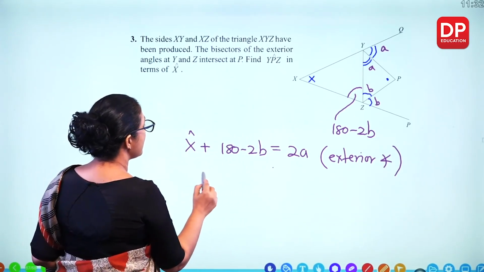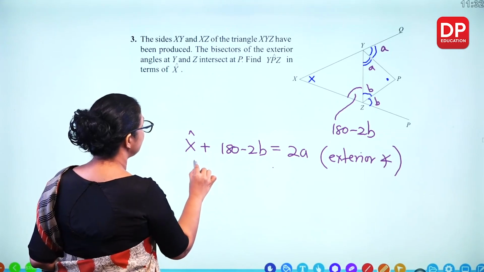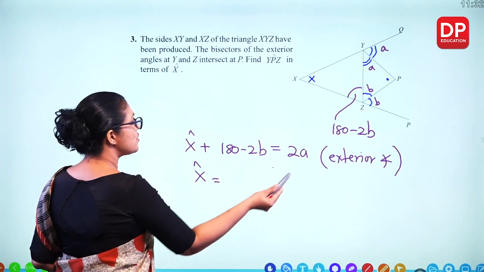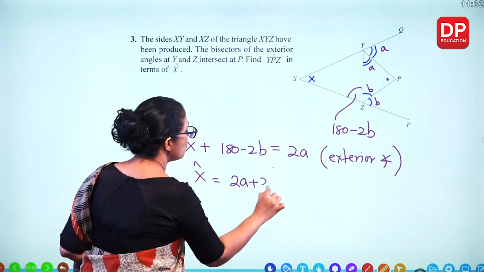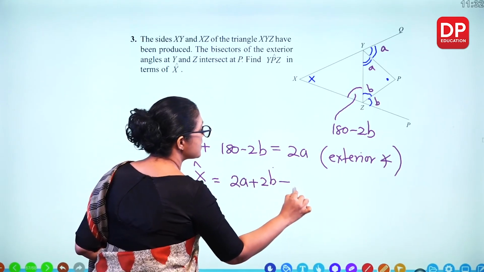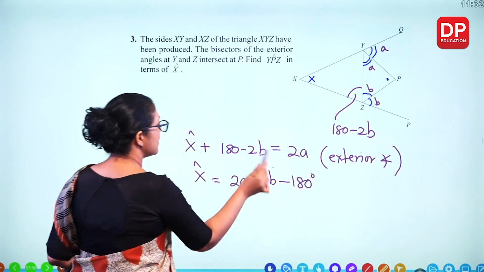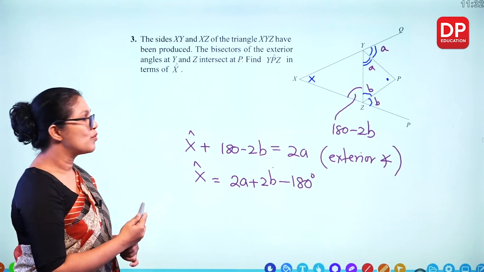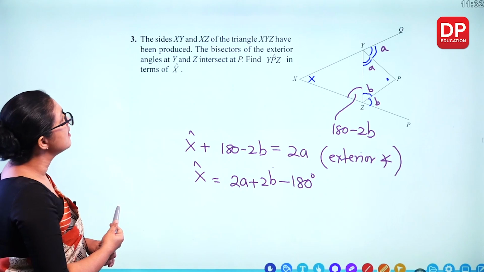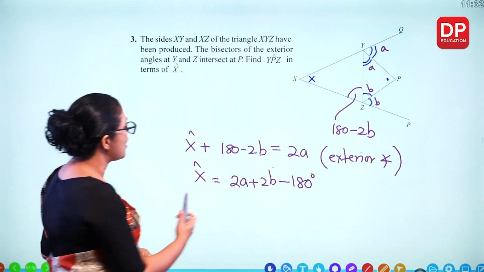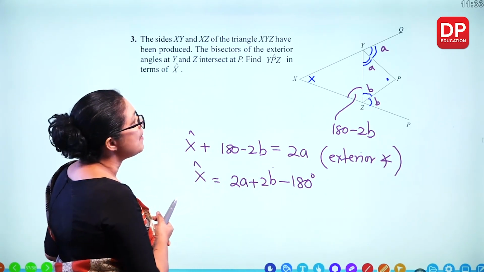So I can write X equals, when you take it to the other side, 2A plus 2B minus 180. So I can take 2B to the other side and subtract 180 to get X. Now I need to find out what A and B are.